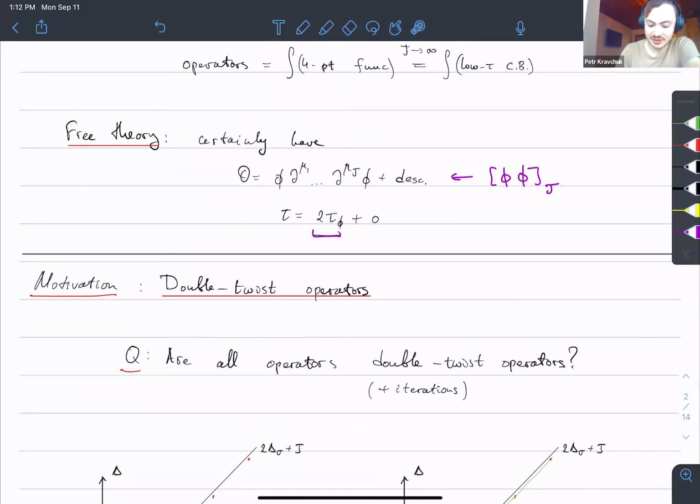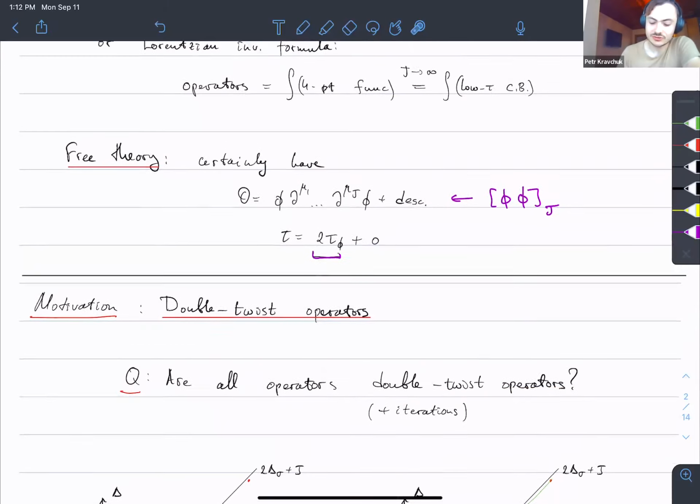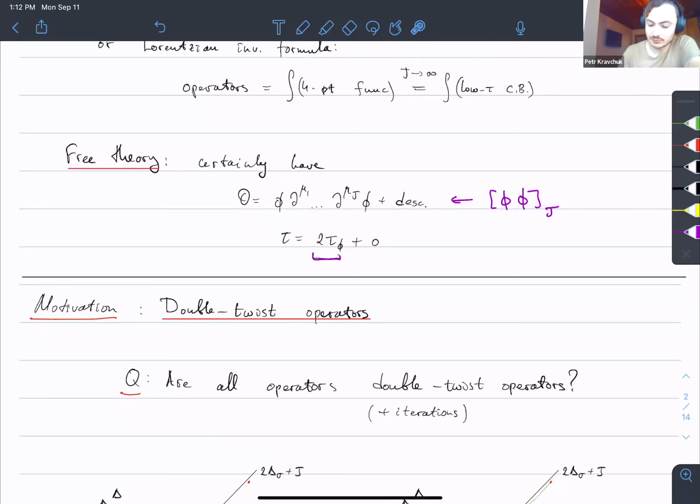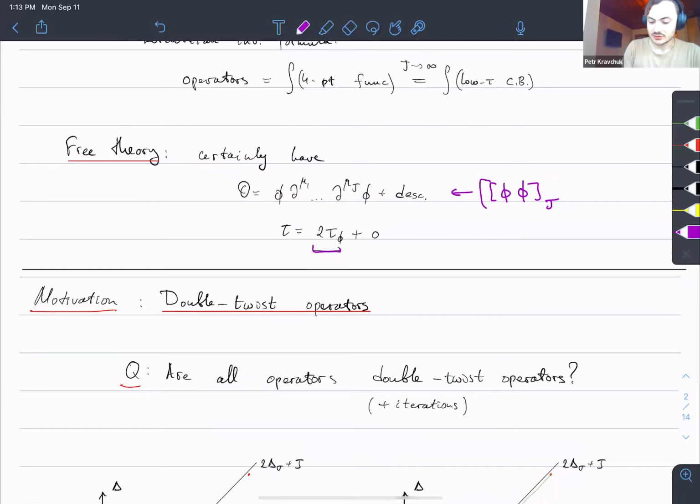So you can even ask, are all operators double twist operators? And by double twist operators, we have to mean not just taking some fundamental field and doing double twists, but also we should allow things like we take phi and we do a double twist of phi, but then we start adding another double twist, and then you can add phi, these sort of combinations.